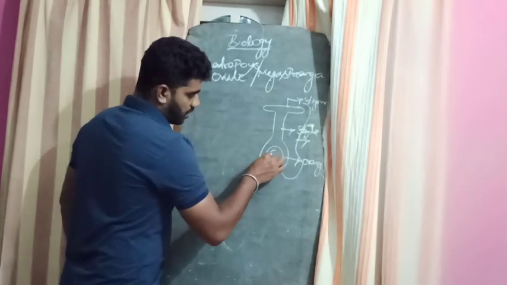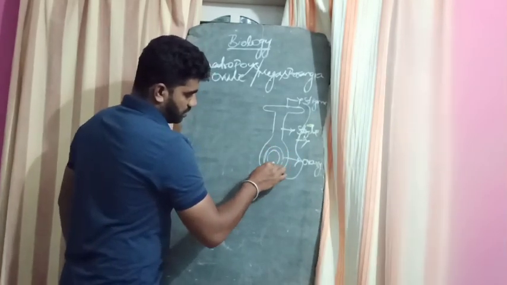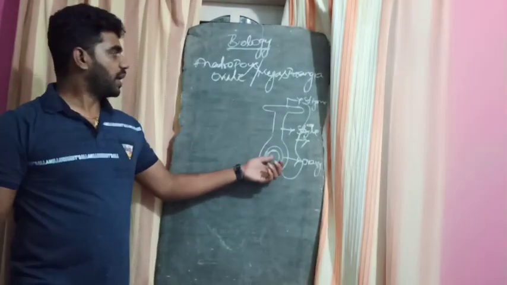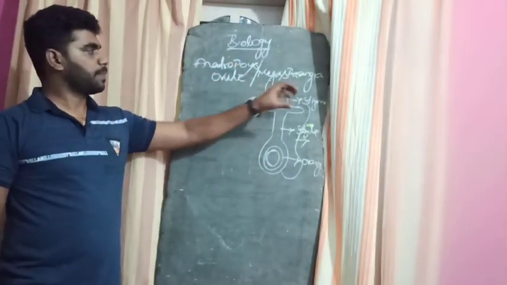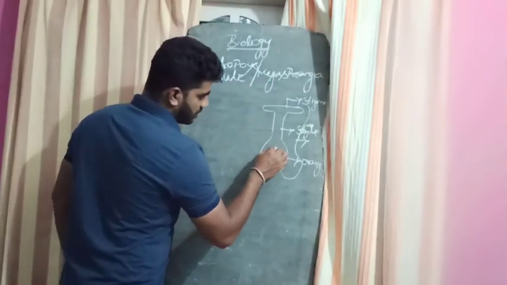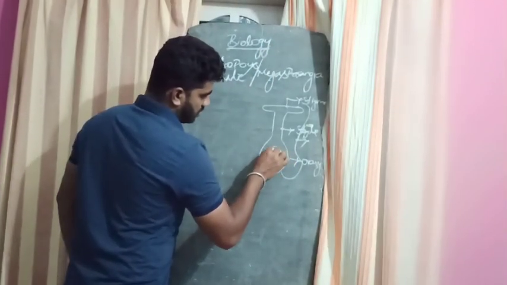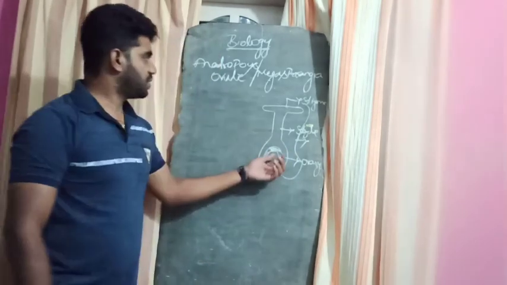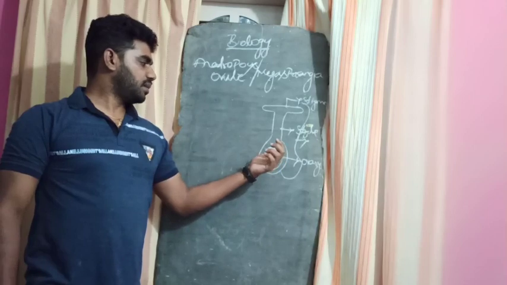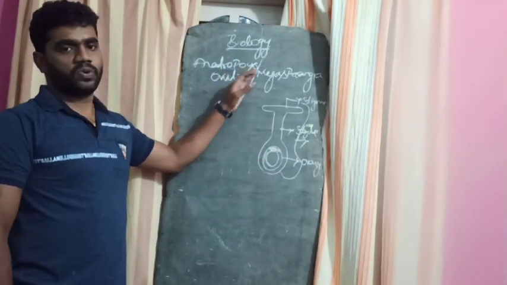Inside the locule there is a structure which we call Anatropous ovule or the Megasporangia, and this is attached to the placenta.